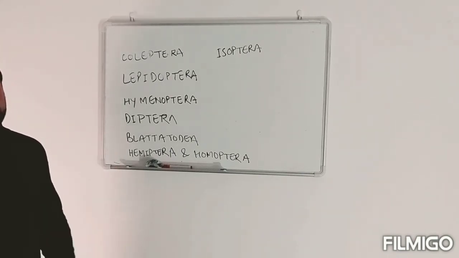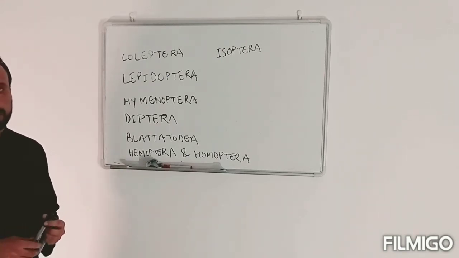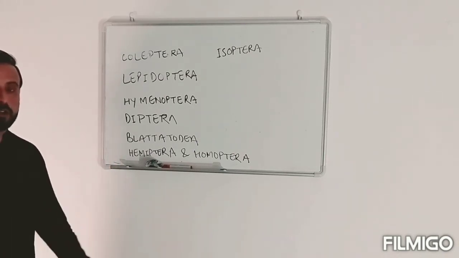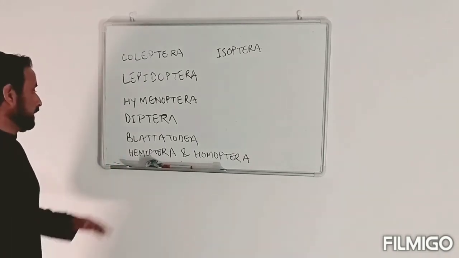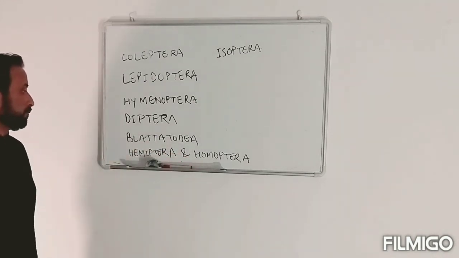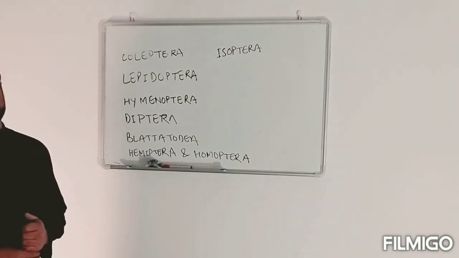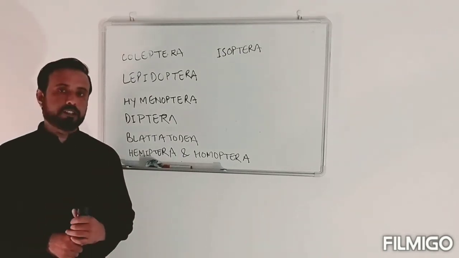Then Diptera, which have two wings. Then Blattodea, the cockroaches. Then Hemiptera or Homoptera, to which the true bugs belong. So these are the basic orders of class Insecta that I have discussed.